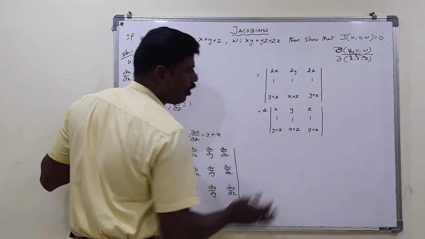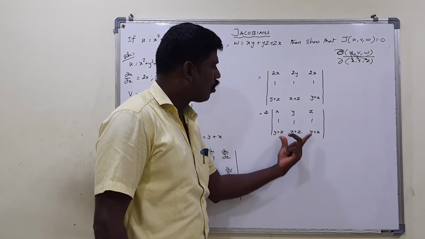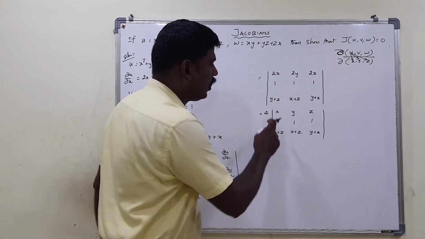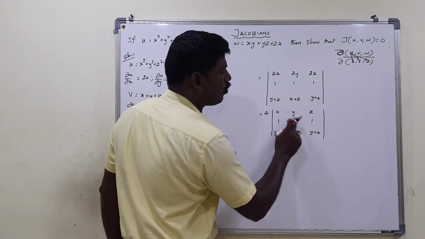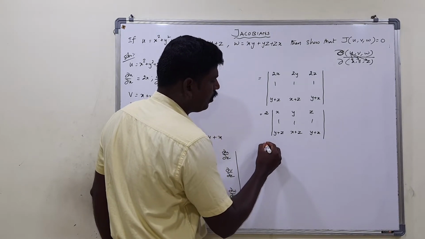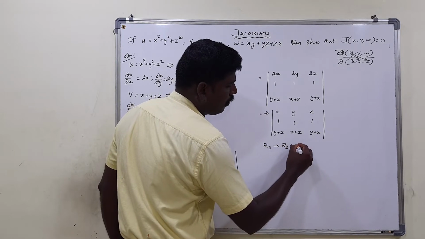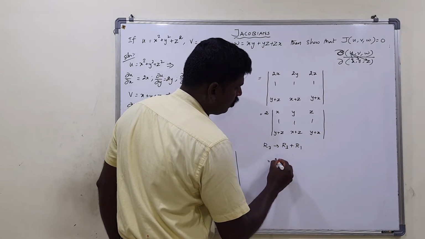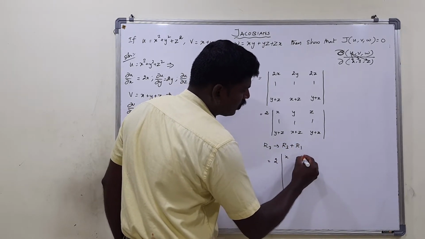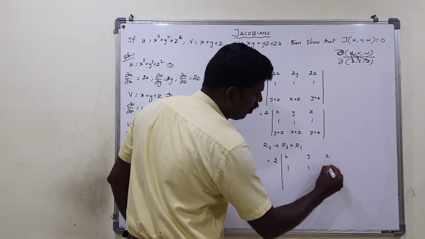Look at R1 and R3. If we add R1 and R3, what will you get? x plus y plus z, x plus y plus z, x plus y plus z, isn't it? So that's why I am going to add: R3 becomes R3 plus R1. So the determinant becomes x, y, z, and then 1, 1, 1.